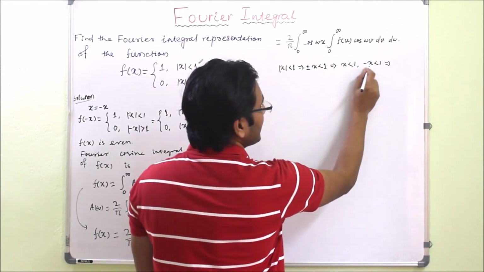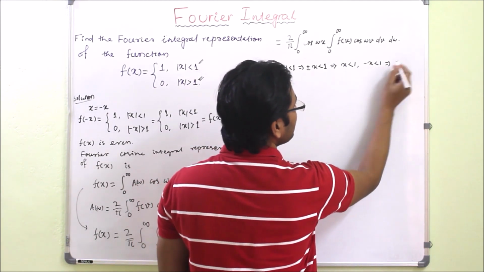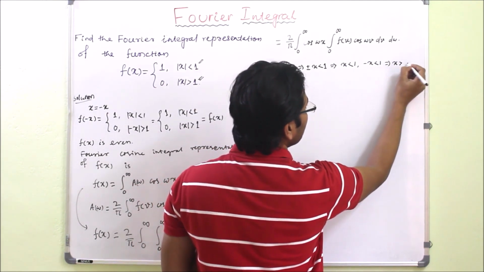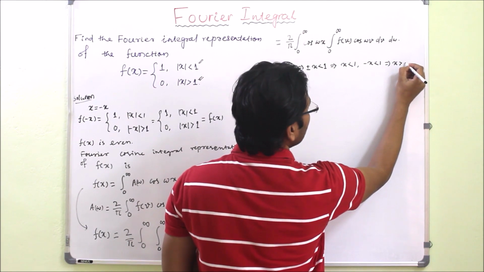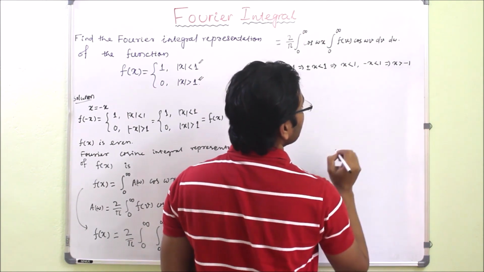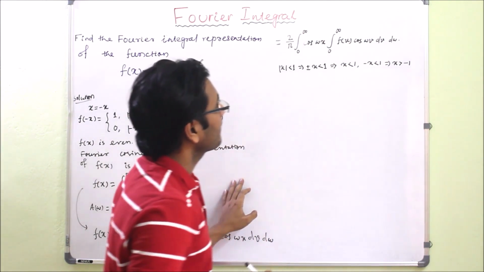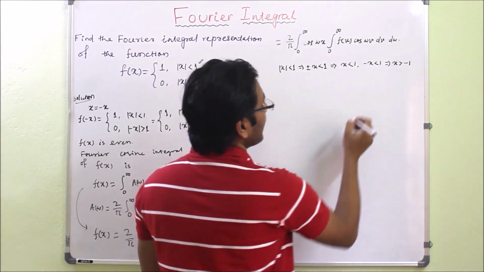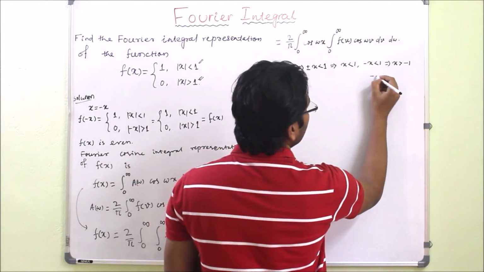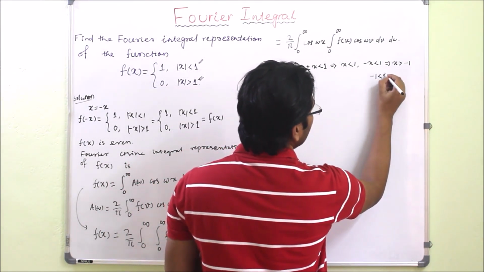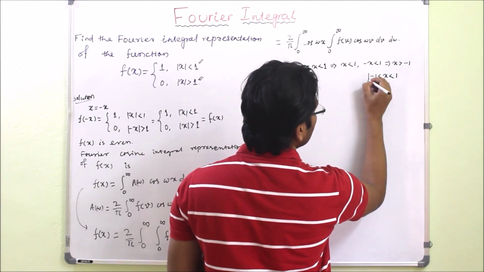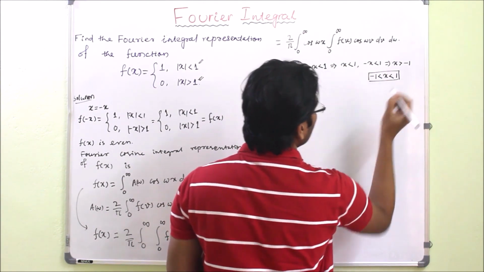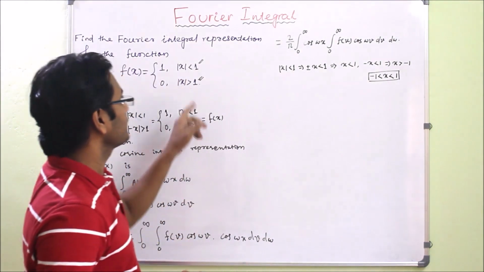If we multiply by minus 1 on both sides, it becomes x greater than minus 1. So we get minus 1 less than x less than 1 for the first domain.